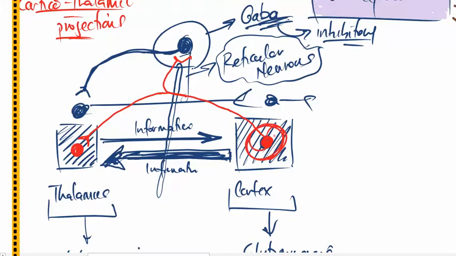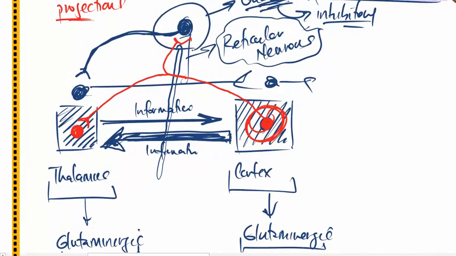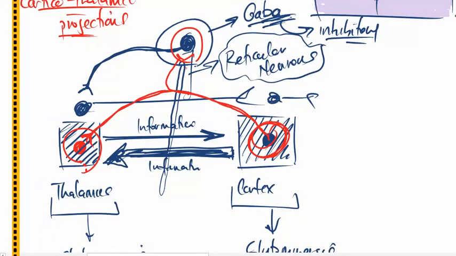So let's say this glutaminergic neuron fires. If it fires, it can activate this neuron in the thalamus, but at the same time it would be stimulating this reticular neuron. This reticular neuron could have an inhibitory effect on the neuron in the thalamus, and so it would be modulating that excitatory signal.